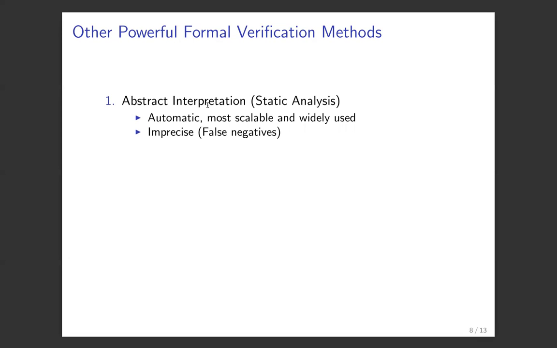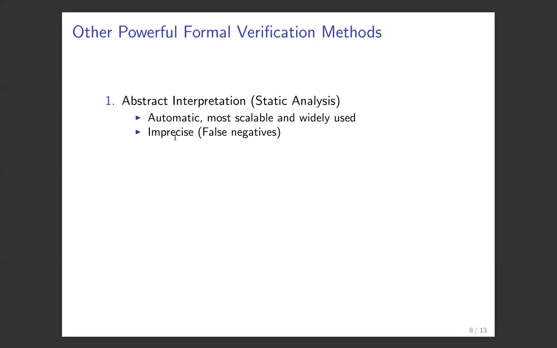This one is very automatic. It's push button, it's very scalable, and it is very widely used. But it is imprecise in the sense that it can give you false negatives.